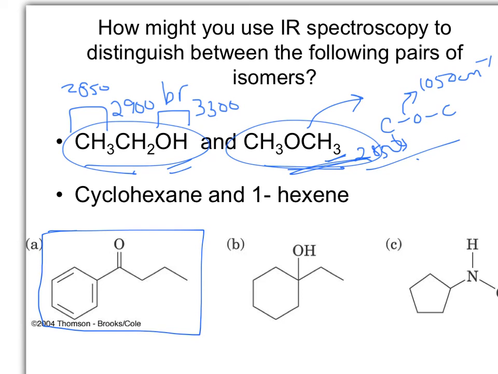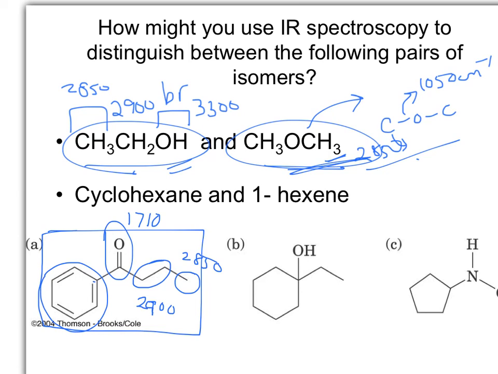So you should use the table to practice, but this is what you should get. You should see a free methyl at 2850. You should see the CH2s at 2900. You should see the C double bond O, and since there is resonance, it better be less than the 1725-ish or so. So I would say around 1710.